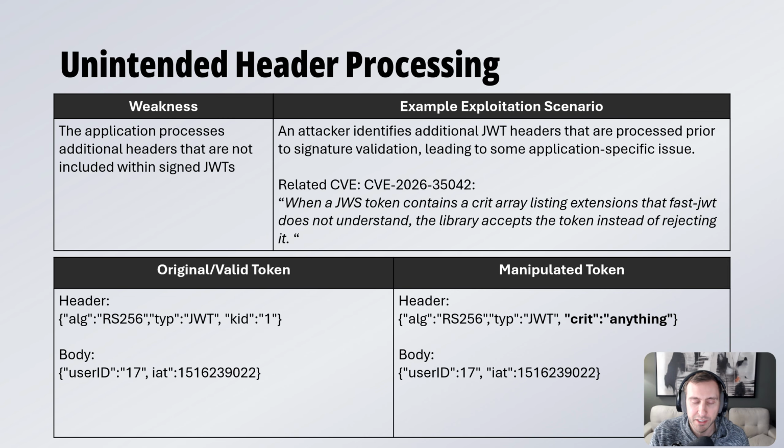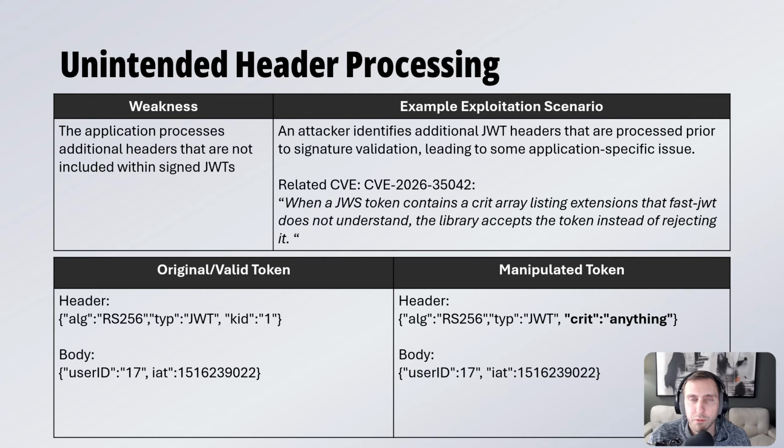Unintended header processing is one that I have not really seen reported on, but is definitely worth trying. And there is a related CVE to this. I'm sure there must be a tool that does it, but I don't think I've seen one.